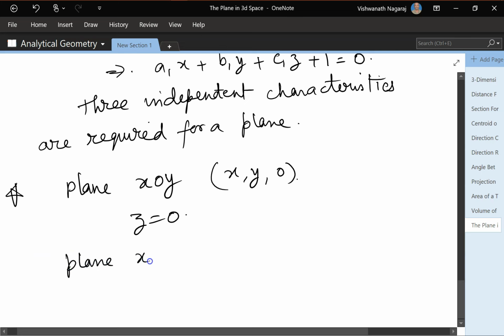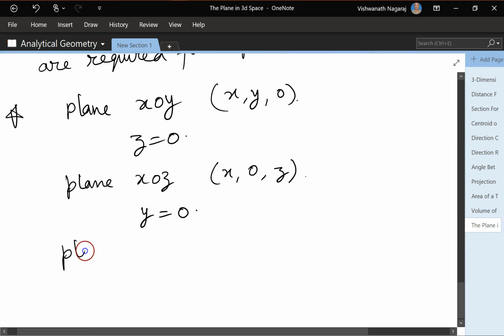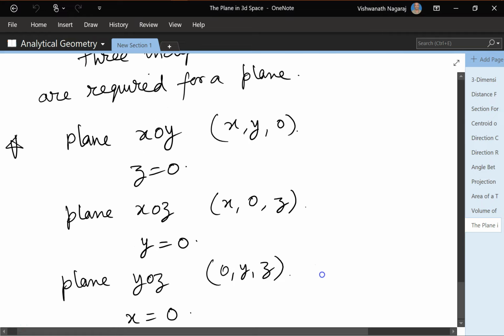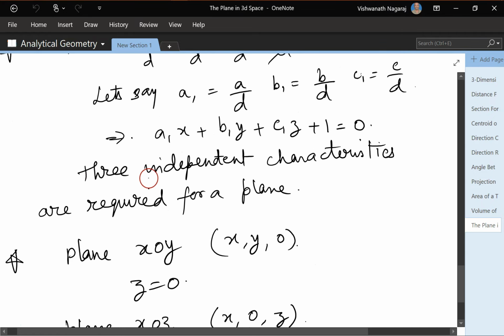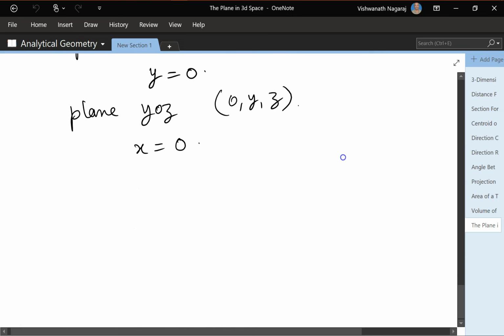Similarly, we would have XOZ. This would be x, 0 and z. So here it doesn't matter what the values of x and z are, y is always 0. And finally YOZ, and here it's 0, y, z, and here the equation would be x equal to 0.